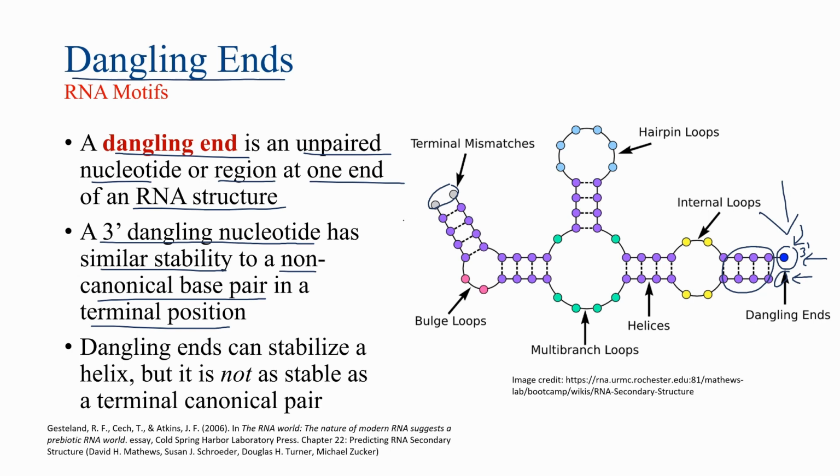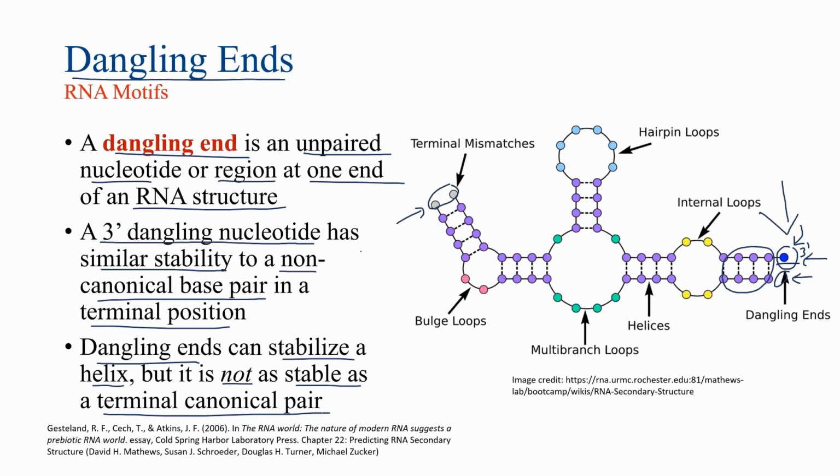Now, if this was a canonical base pair, then the 3' dangling end would not have as much stability as a canonical terminal base pair. So dangling ends can stabilize a helix indeed, but it is not as stable as a terminal canonical base pair.